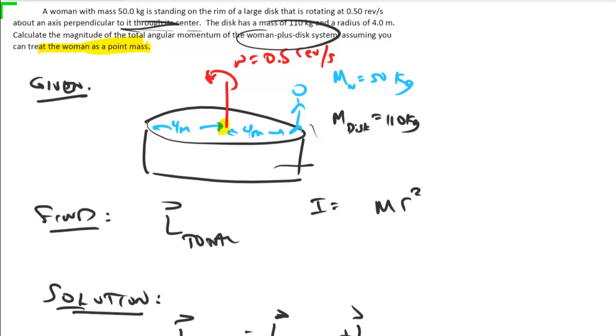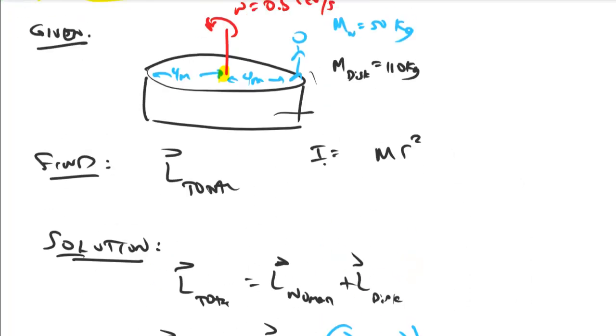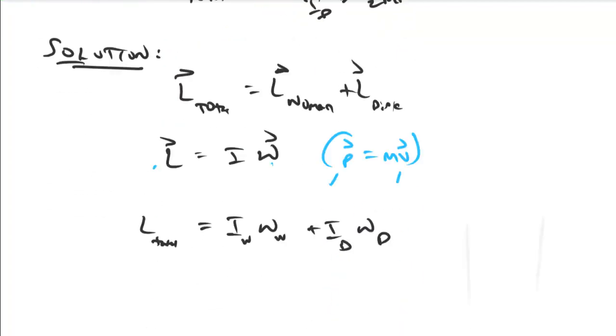Okay? And then the disk, they tell us, is a large disk. Looks like it's a solid disk. So this is I woman, and I disk is going to be 1/2 mr squared. This is just from the table of moments of inertia that we have.